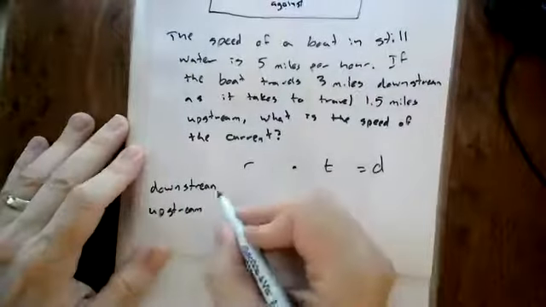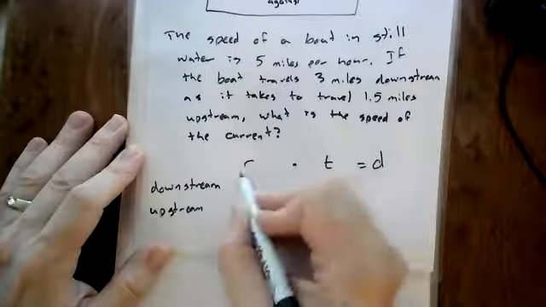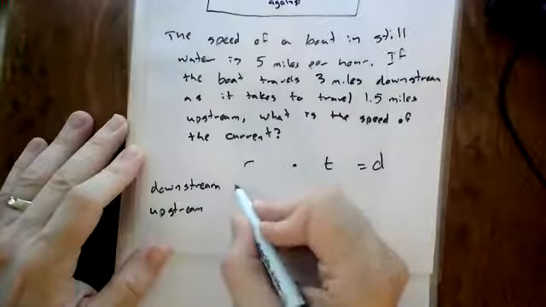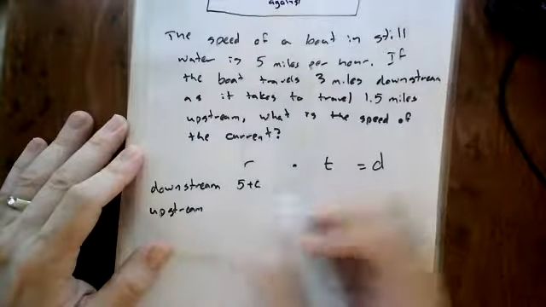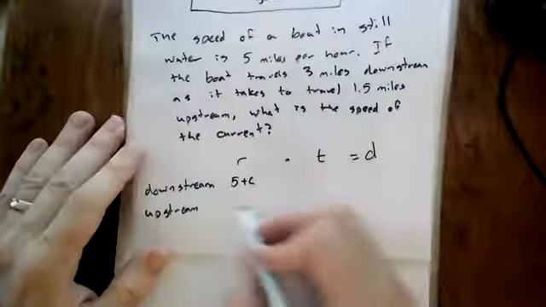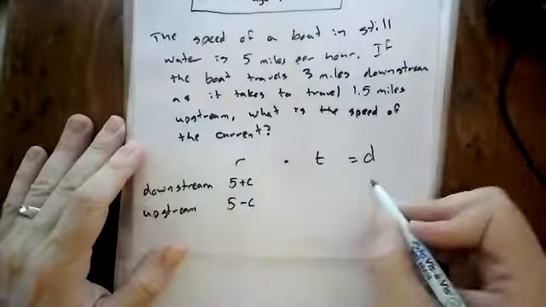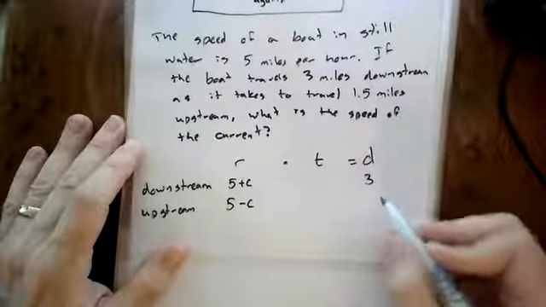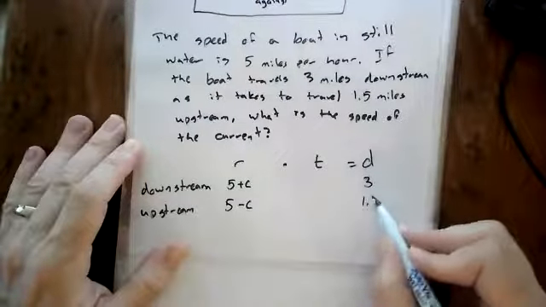Downstream means I'm moving with the stream, so it's going to be this vehicle plus the current. So here this is going to be 5 plus the current. Upstream is going to be against the current, so it's going to be 5 minus the current. And I know that it was 3 miles downstream, and it was 1.5 miles upstream.